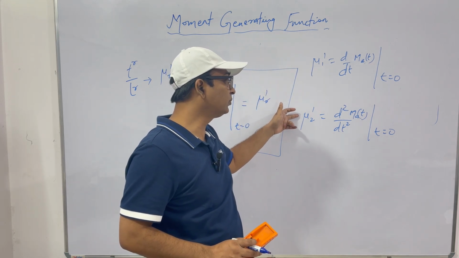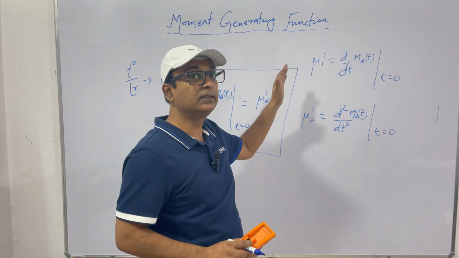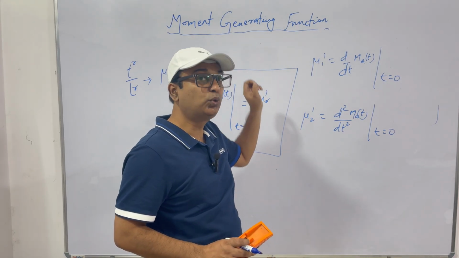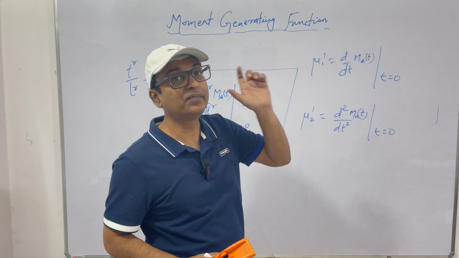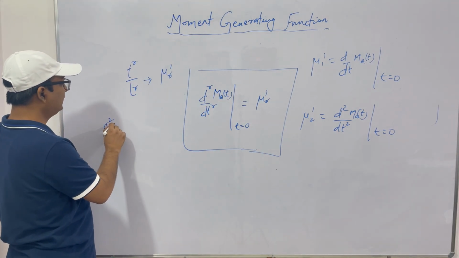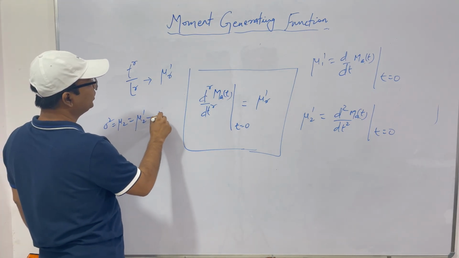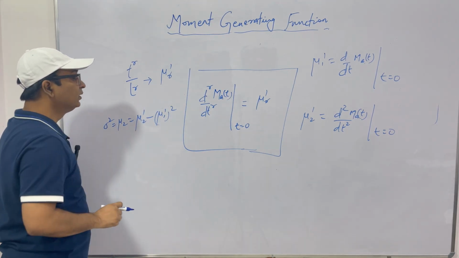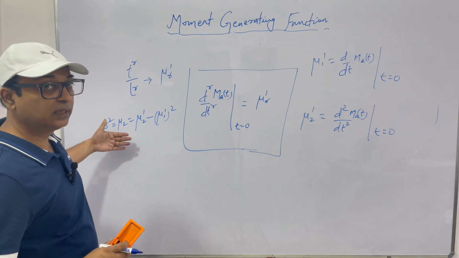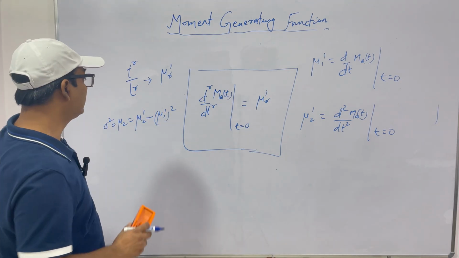If you remember, mu2 dash minus mu1 dash square is equal to mu2, which is actually our variance. These are the formulae that you get in your statistics moments chapter.